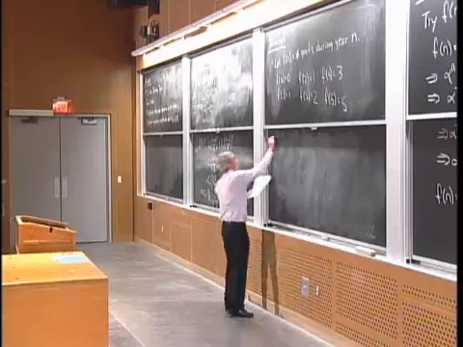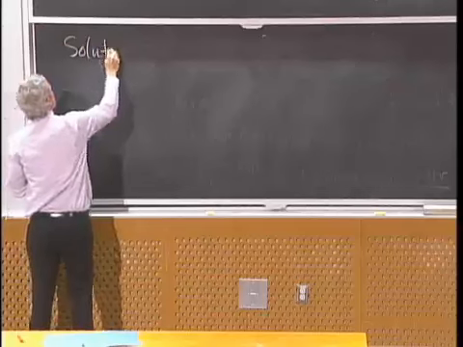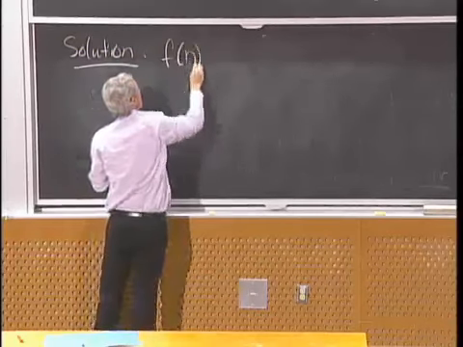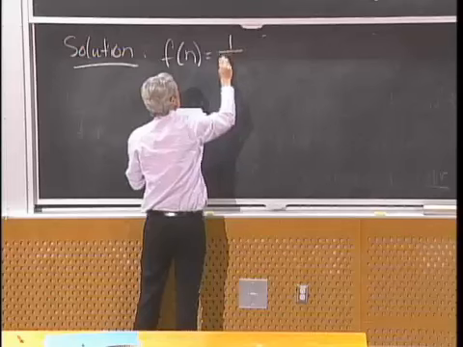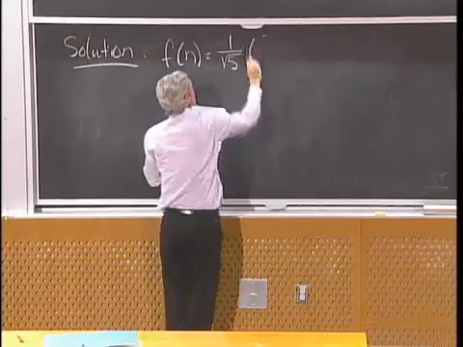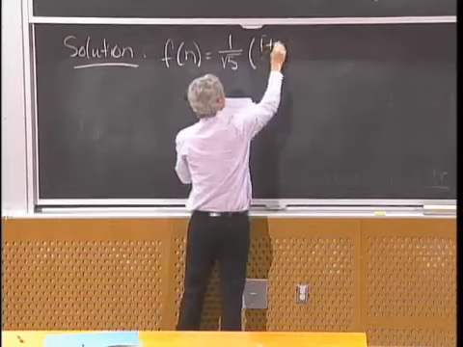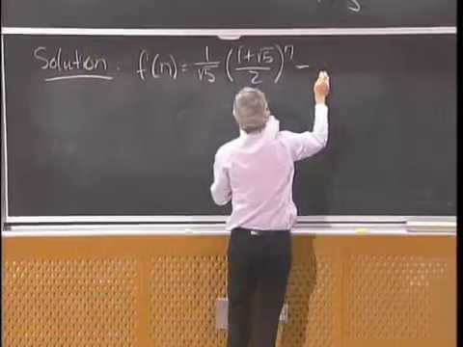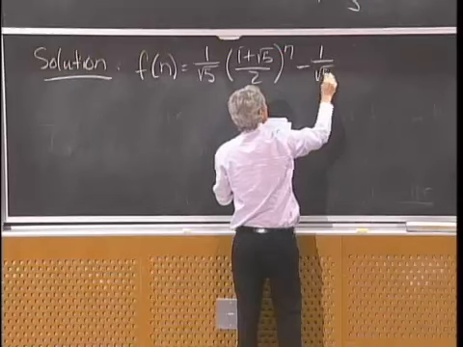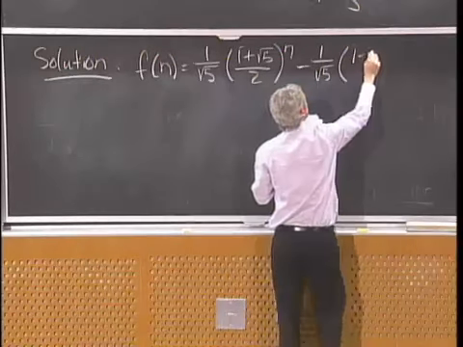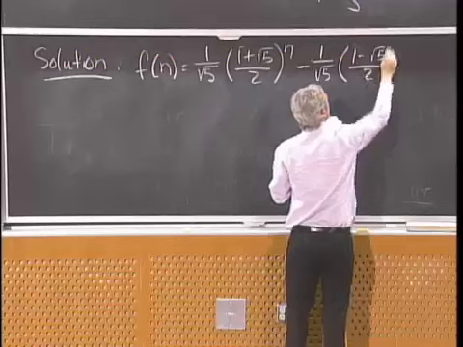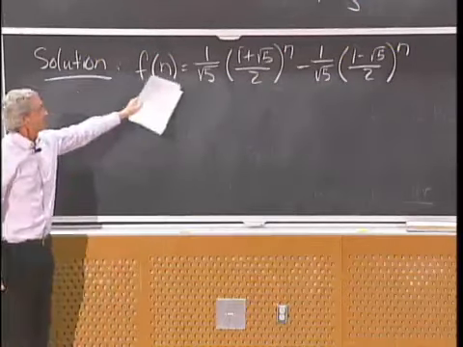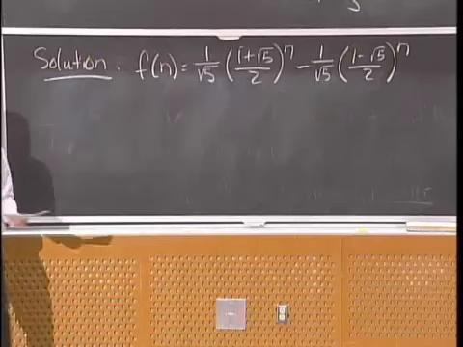All right, so the solution is f of n equals C1, which is 1 over square root of 5, times the nth power of the first root, plus C2, which is minus 1 over square root of 5, times the nth power of the second root. And that is the formula for the nth Fibonacci number.